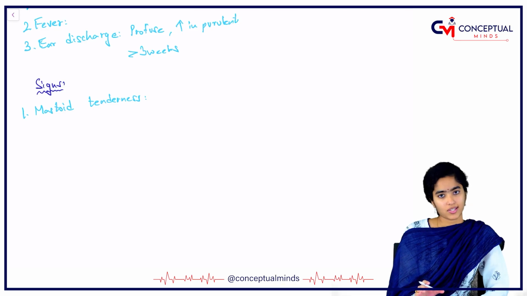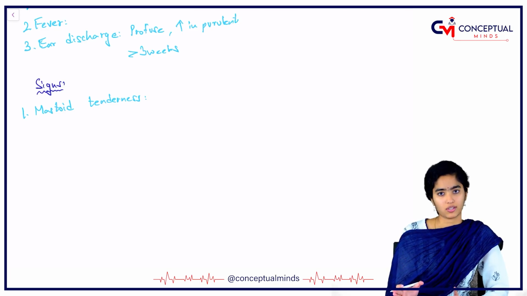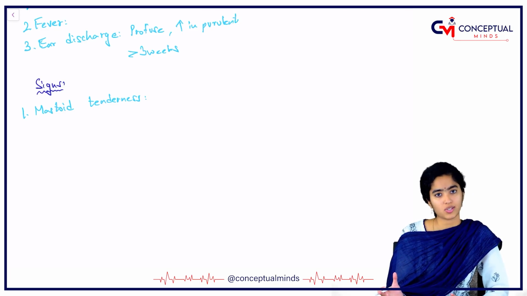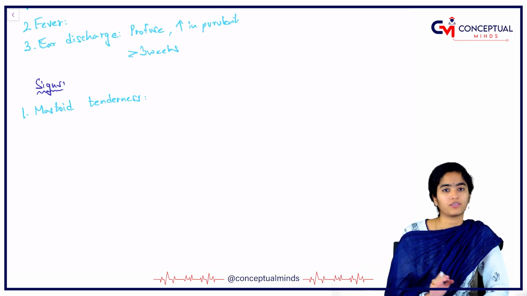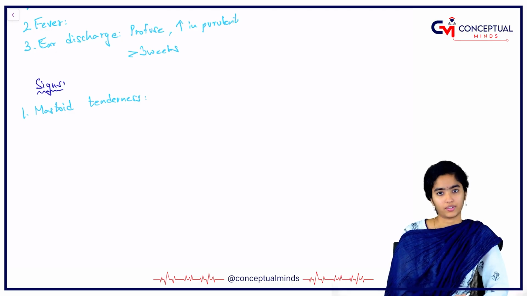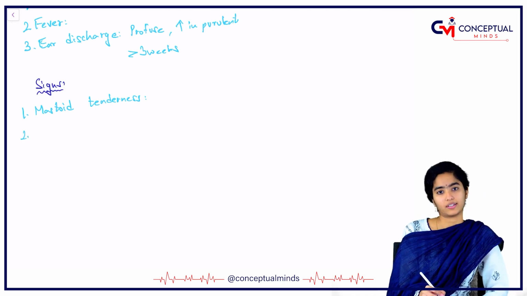Now, the tenderness that is elicited over the suprameatal triangle, it could be mastoiditis, it could not be mastoiditis, because even in cases of acute otitis media, because of the inflammation of mastoid antrum alone, that is, there is no bony destruction of septum and all those things, just antritis is there. There also you can find tenderness in that area. So it's not exactly diagnostic of acute mastoiditis, but always look for mastoid area tenderness.